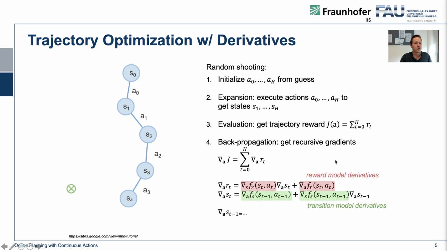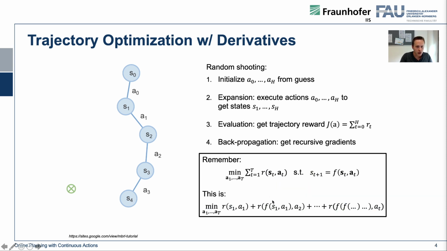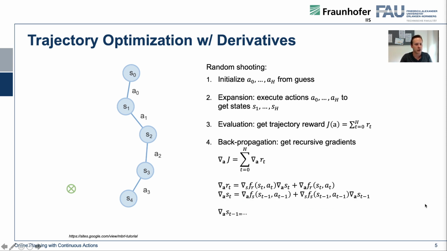It turns out that if you take the derivatives of all these functions, you see the derivatives of your reward model and the derivatives of your transition model. If you remember on this slide, you do this until you reach the full depth of this trajectory sequence.